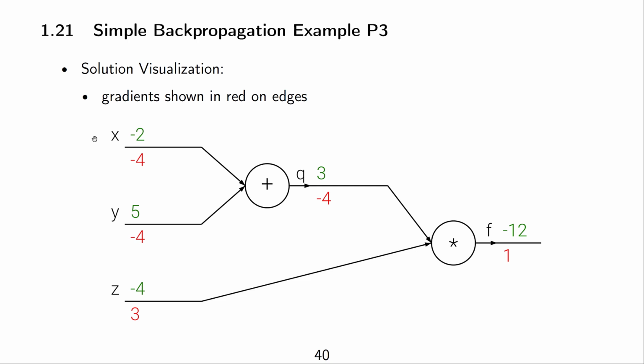Again, looking at these input variables to this computational graph, x, y, and z, these numbers tell us how sensitive the final output f is with respect to changes of these input variables. Let us assume we would like to make the output f smaller.